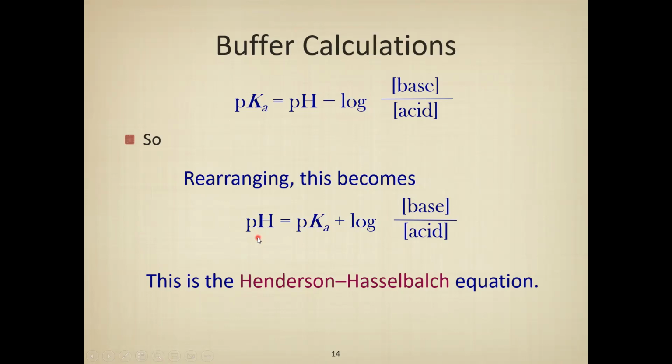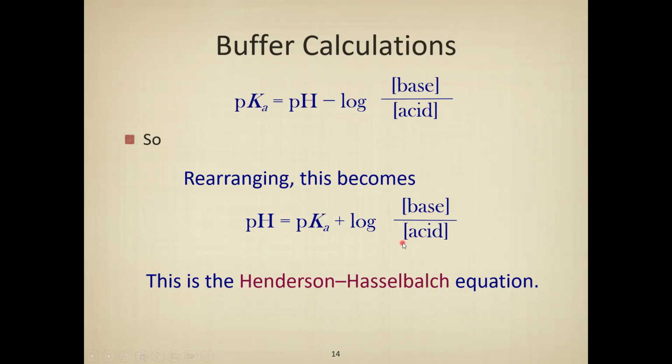The pH of the solution will be equal to the pKa, the negative log of that Ka value, plus the log of the base over the acid. In this case we rearranged it, so that's why it becomes plus here.